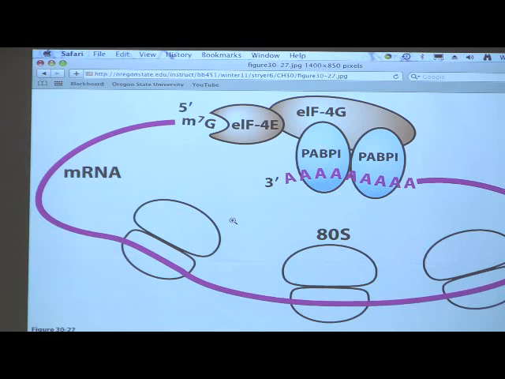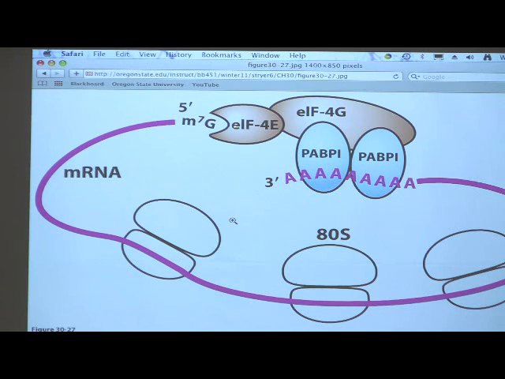Now, I mentioned the fact that the polyA tail and the cap at the 5' end both play roles in the initiation of translation. And you can see this set up schematically here for a given eukaryotic messenger RNA. Now, though I don't show you the actual assembly and the participation of the cap in the initiation, it does play a role in initiation.